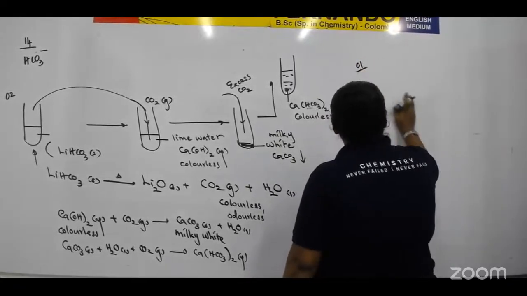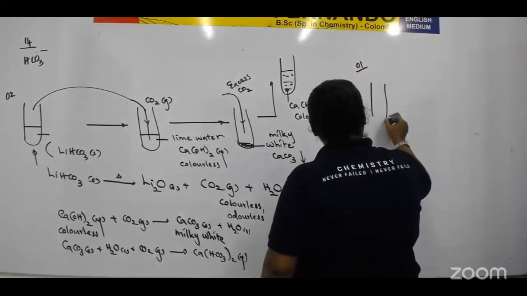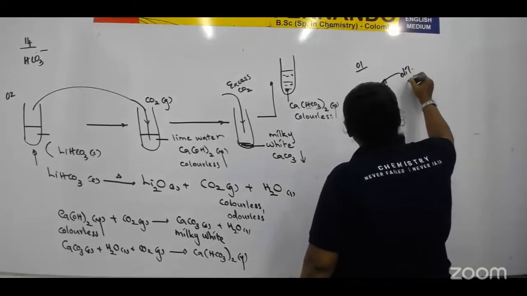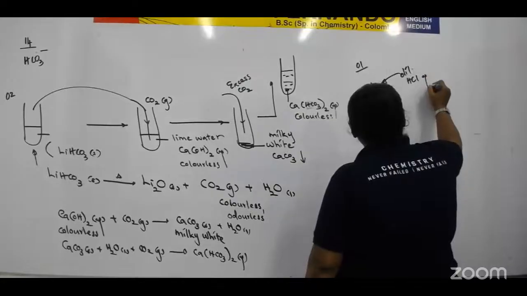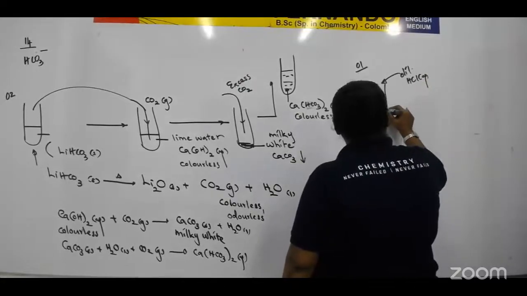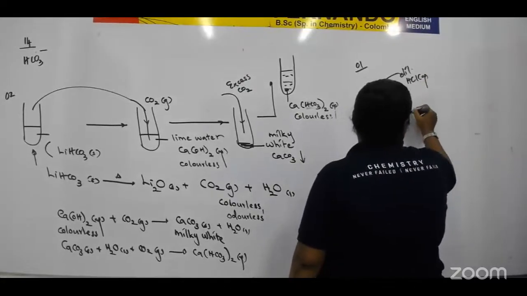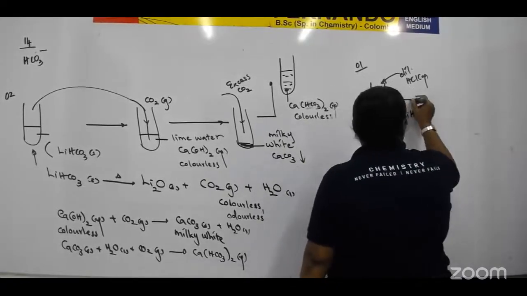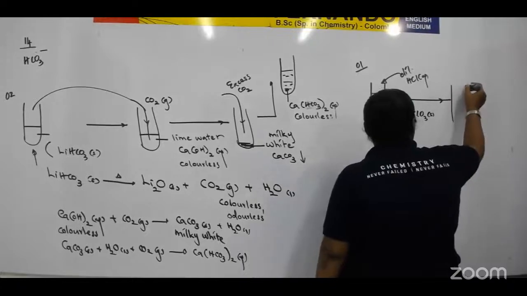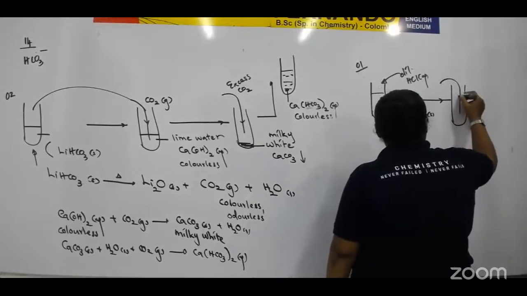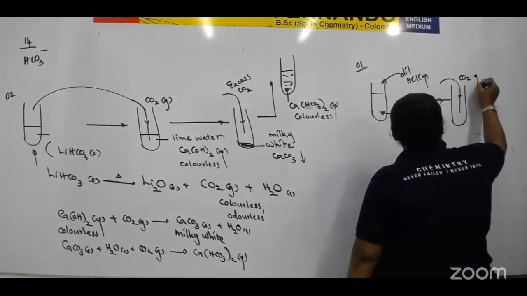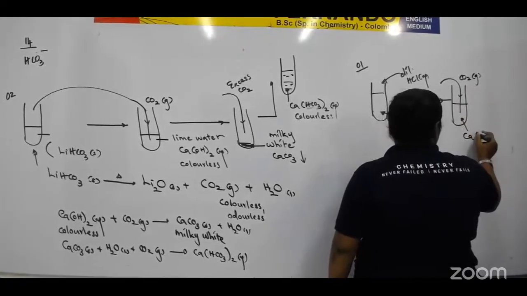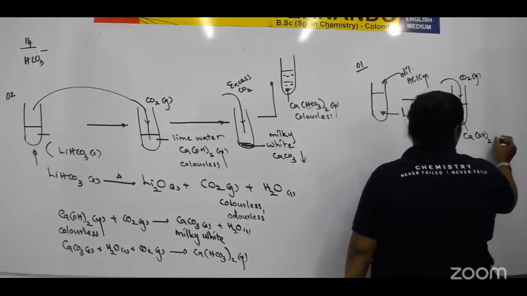Test 1, add dilute HCl or H2SO4 to the solid lithium bicarbonate. As the first observation, a colorless odorless gas is released. We know that is CO2. So this colorless odorless gas is passed to the lime water.